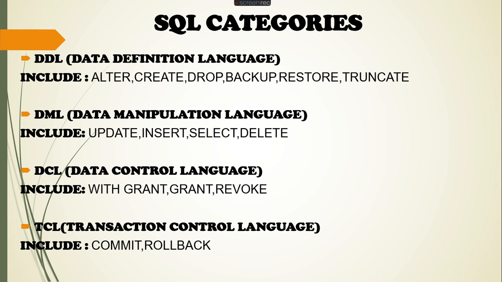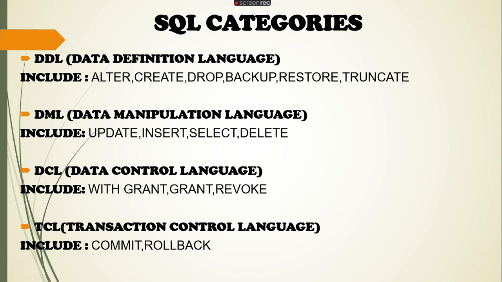We have create, which is for establishing something new. We have drop, which is basically for removing or deleting an object. We have backup, which is making a duplicate of a file in a different location. We have restore, that is for bringing back a copy made. And then we have truncate, which is for deleting the entire records in a table and then leaving the table structure.